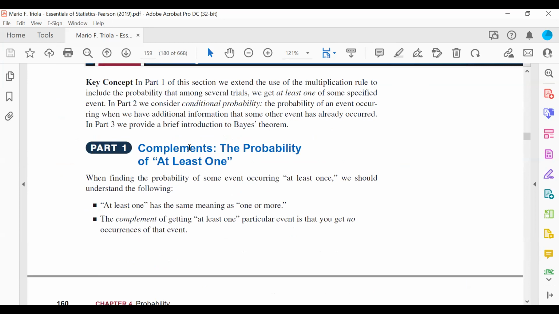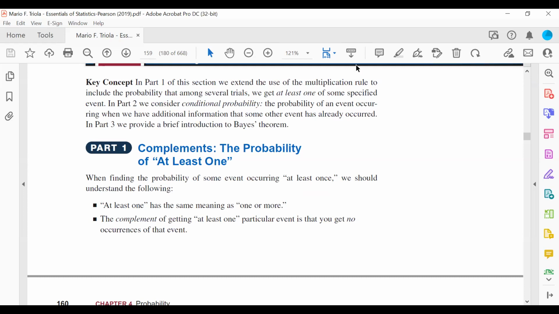So I'll give you an example. Let's say that I invite friends over for 4th of July, and I tell my friends, I'm going to drink at least one beer. What does that mean? That means I'm going to drink one or more. One is the smallest. So that's what at least one means.